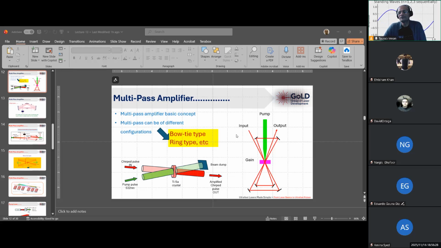There are many things which I may add, but I don't think it's appropriate because the candidates here don't have a very strong laser background. So that is why I simplify. Still, some of the topics are tough to understand, especially when you move to the ultrafast lasers.